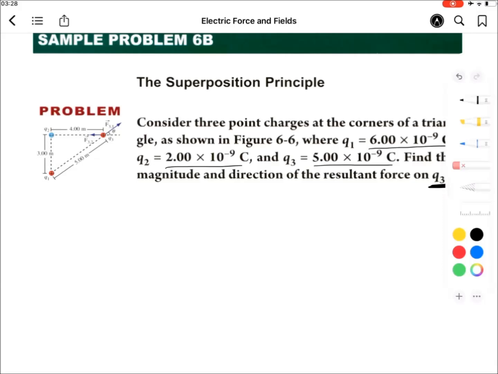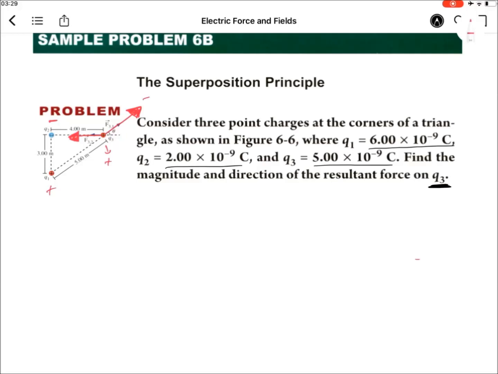Let's choose another color. Here, this one is charged positively, this one is charged negatively, and this one is charged positively. So Q1 will repel Q3, and Q2 will attract Q3. So the forces will be like that. Let's say this is the first force, and this is the second force.